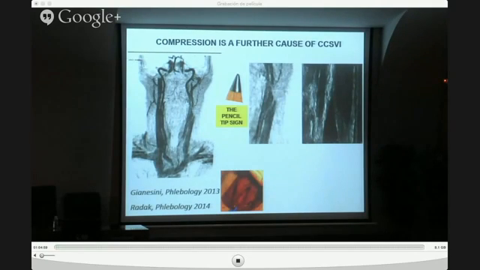You may see in the figure at the bottom of this slide that there is no intermediate tendon in the two bellies of the omohyoid muscle, and this creates an entrapment of the jugular vein. This can be very well imaged either by ultrasound or by MRV, and this is called the pencil tip sign.